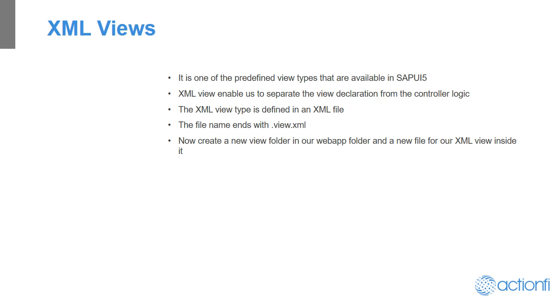The XML view type is defined in an XML file, and the XML file ends with .view.xml. Now we create a new view folder in our webapp folder and a new file for our XML view inside it.